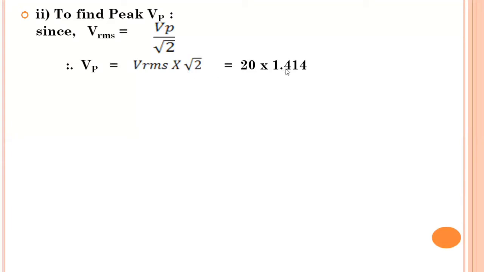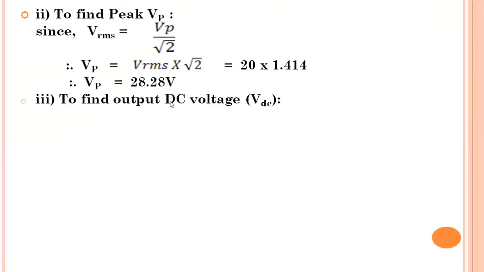Root 2 is 1.414. So 20 is the RMS voltage, V2, which we got in the first step. Put in VRMS into 1.414. The resultant peak voltage is 28.28 volt.